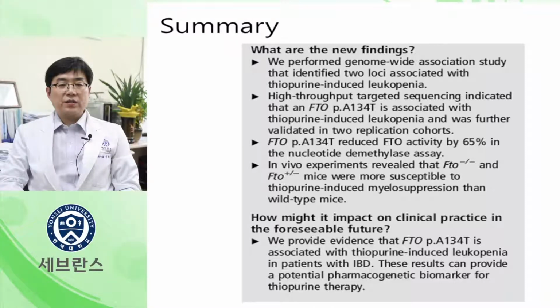This FTO mutation reduced the FTO activity by 65% in the nucleotide demethylase activity. In vivo experiments revealed that FTO knockout and heterozygous mice were more susceptible to thiopurine-induced myelosuppression than wild-type mice.